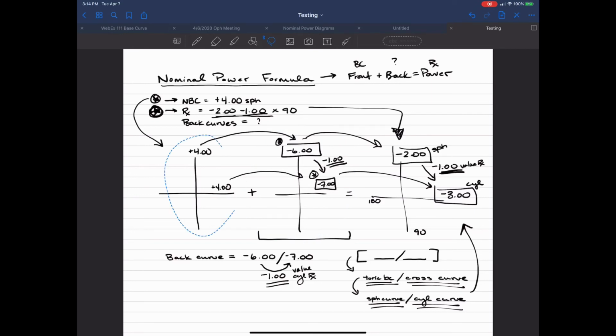So you'll fill in the information for your front curve and for your prescription, and then you'll solve for these by doing that math right across. Then when you take those off of the cross, you want to make sure that all of the cylinder values stay in the same cylinder form. That way you're always going to be safe. And then you'll write your final answer out.